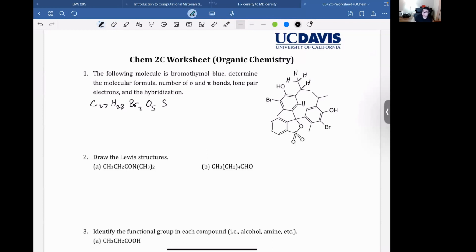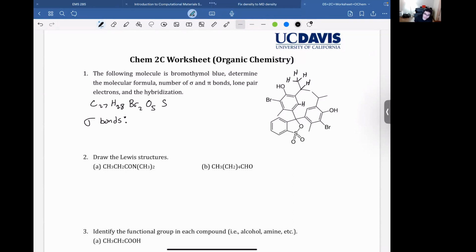Now we can move on to the number of sigma bonds. Sigma bonds are the first bond between an atom and another atom. So if you have something with tetrahedral hybridization, like carbon here, carbon has 4 bonds. These 4 single bonds are all sigma bonds.